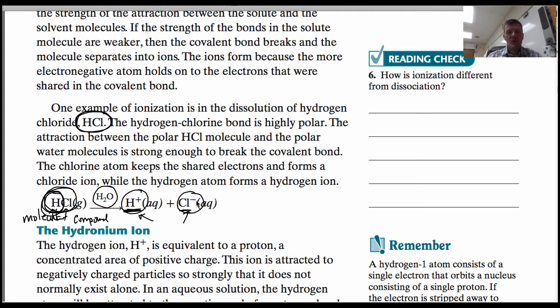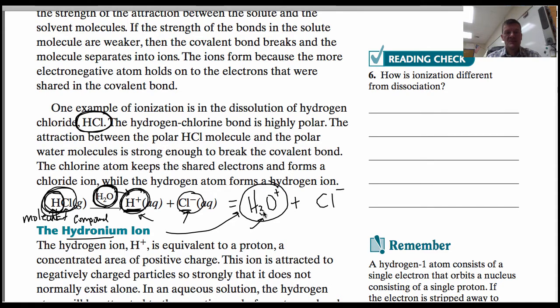What actually happens here is an H2O molecule attaches itself to the H+. And what it really produces is H+ plus H2O, which is H3O+. That is called the hydronium ion. That is a hydronium ion there, and then the chloride ion. Sometimes you won't see the H3O+, but it's understood that this H+ in water is actually producing the hydronium ion.